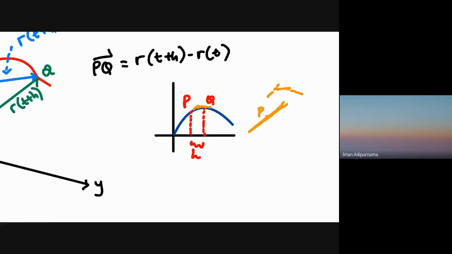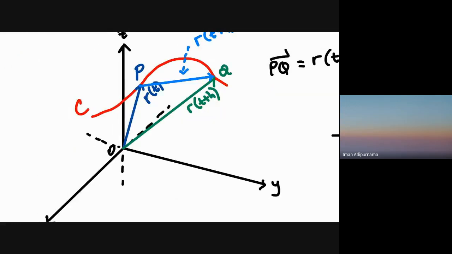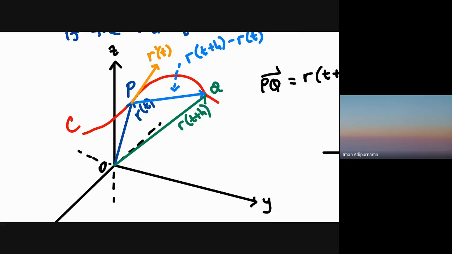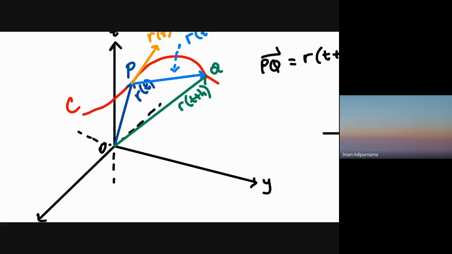And similarly here, we will have a tangent line at point P that will look like this, as h is getting closer to 0. But the good news is, everything that we learned in Calculus 1, we're just doing the same way in this chapter 13.